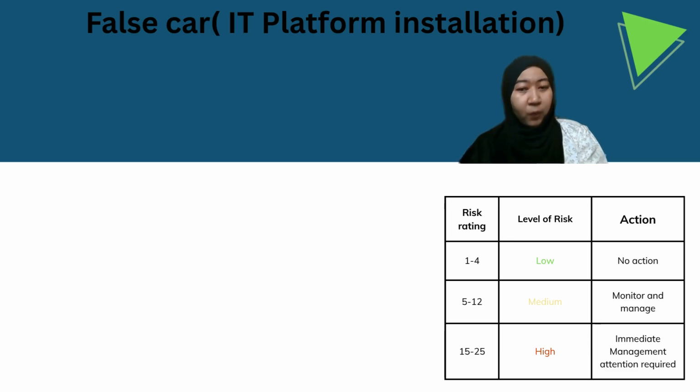Same with the scaffold, the guide rail installation, the U-frame installation, and hoist roping. All of these are included in a medium level of risk, so we have to monitor and also manage that risk. Okay, oh sorry, and then electrification work also falls in the medium level of risk.